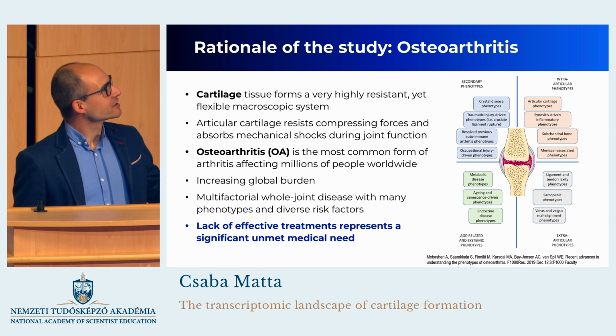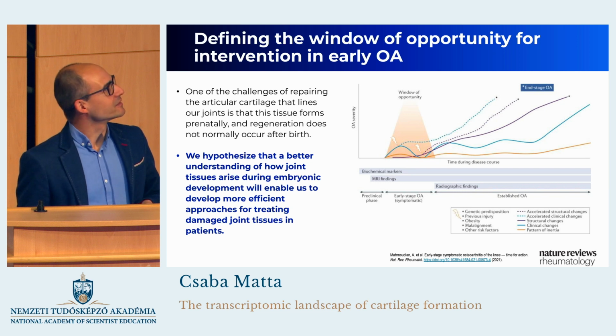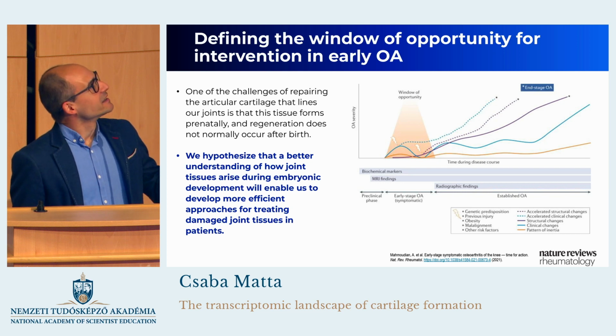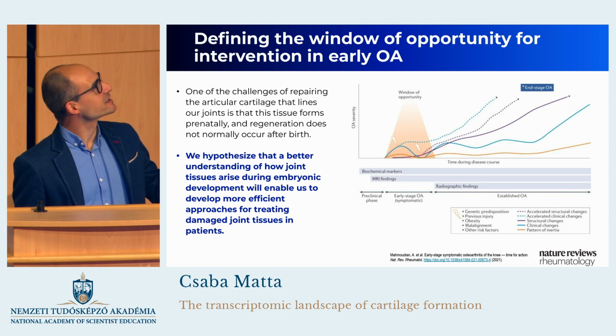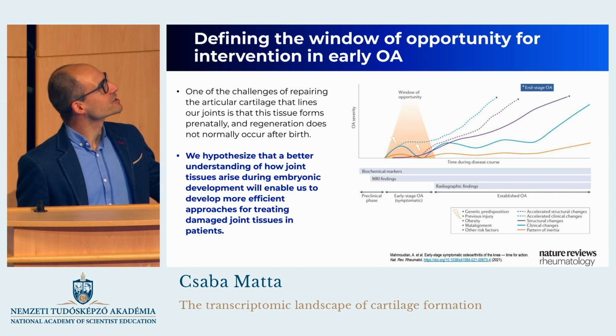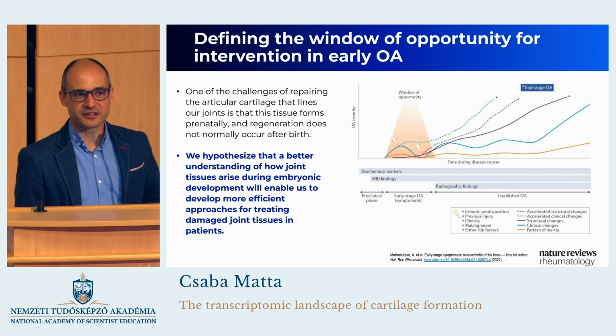So this condition represents a significant unmet medical need, and that's why we are trying to look at the mechanisms of this disease. Studying articular cartilage, especially its formation, is kind of challenging because this tissue forms prenatally, so in utero when we are embryos and fetuses.